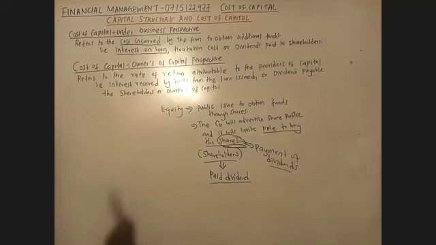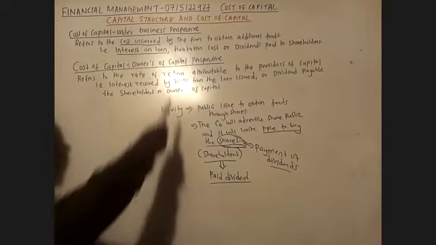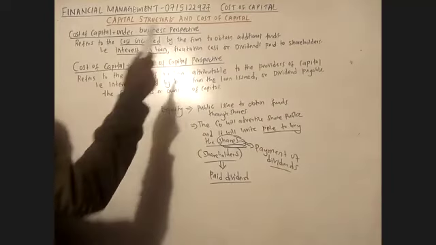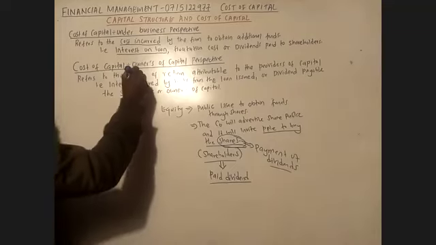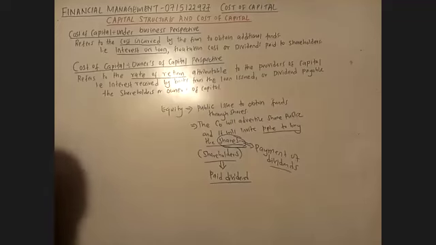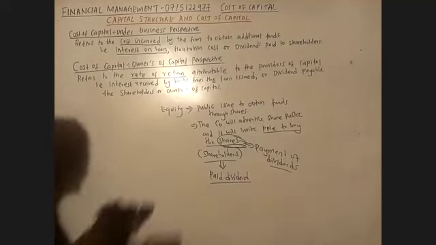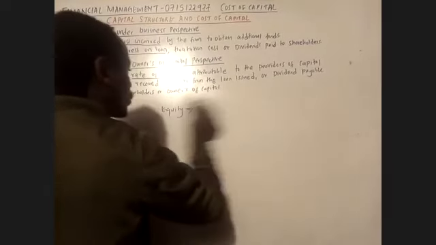And therefore, we have two definitions of the term cost of capital. Under the business perspective, it is a cost. But under the owners of capital perspective, it is a return, the rate of return which is attributable to them. Those are the two definitions that you need to consider when defining cost of capital.